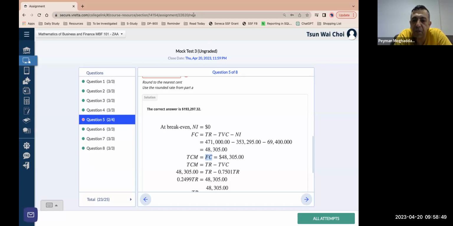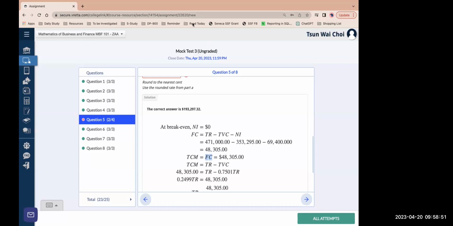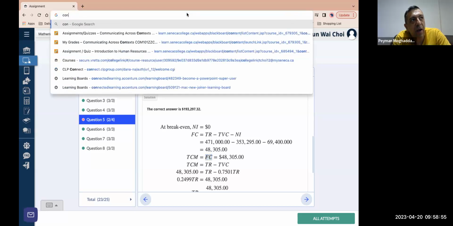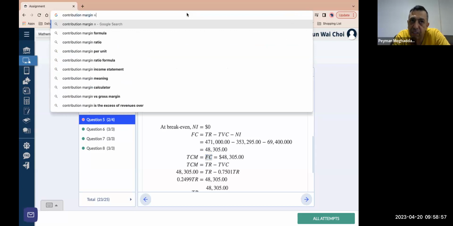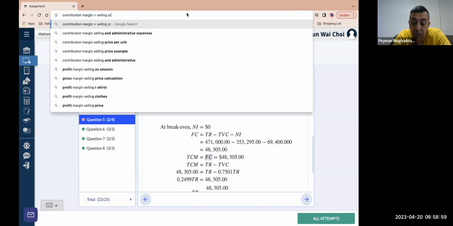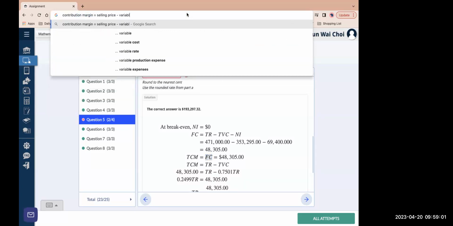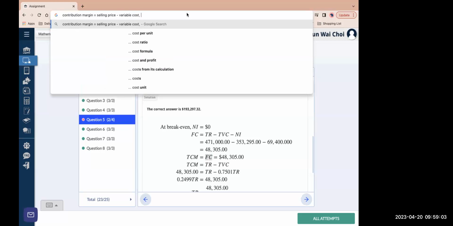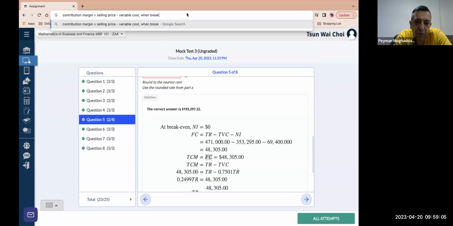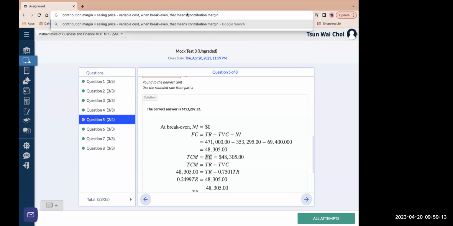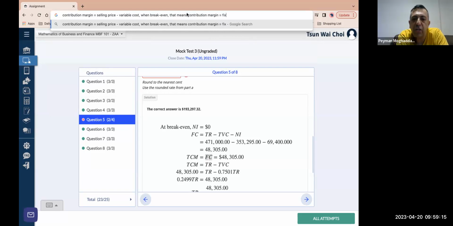Contribution margin for one unit is selling price minus variable cost. Total contribution margin is the number of items multiplied by each contribution margin. It has to be equal to fixed cost to cover the fixed costs, and after that, you're going to be more profitable.